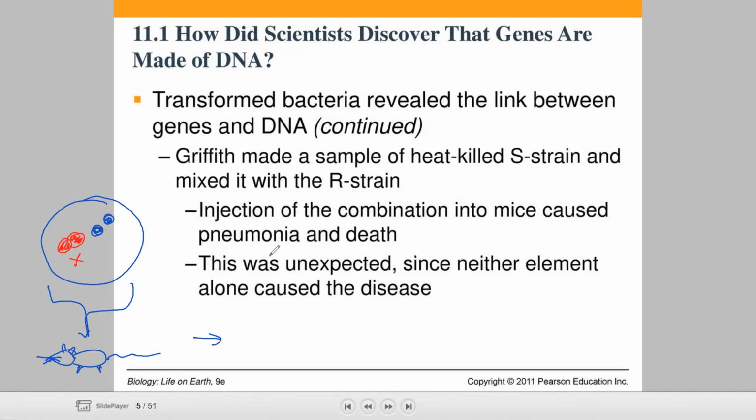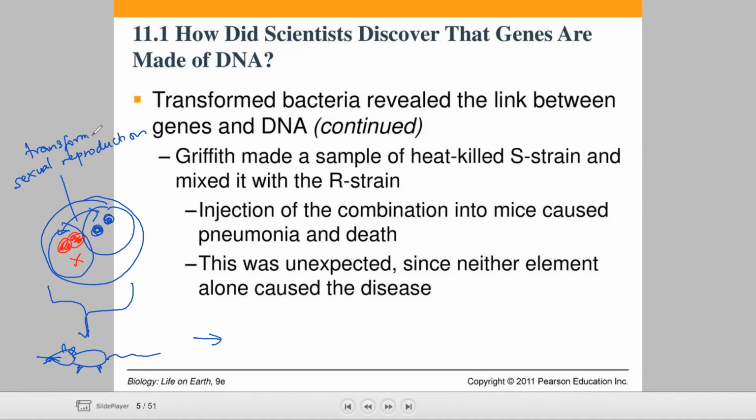This was unexpected since neither element alone caused the disease. So you know if it is R strain, it is not causing the disease. S strain that is already heated also cannot cause the disease. But when you mix both types, these bacteria can undergo a reproduction process called transformation.